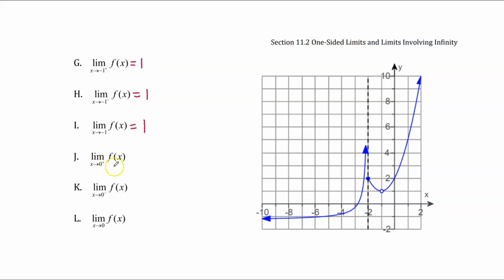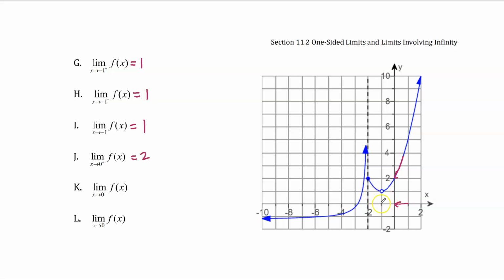Next, let's evaluate the limit of the function as x approaches 0 from the right. This is x equals 0. So as x approaches 0 from the right, your function values approach this point here, which is 2.